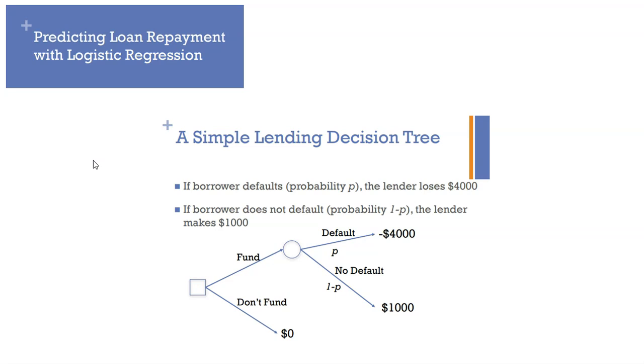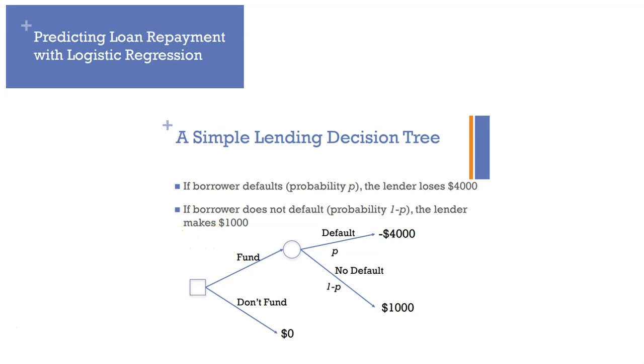A simple lending decision tree can be created: if the borrower defaults, and that's the probability we're calculating, the lender loses $4,000. If the borrower does not default, which is 1 minus p, the lender makes $1,000.